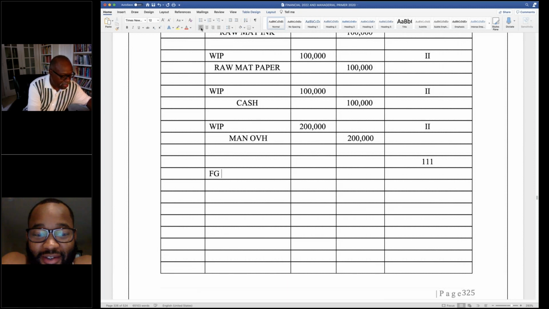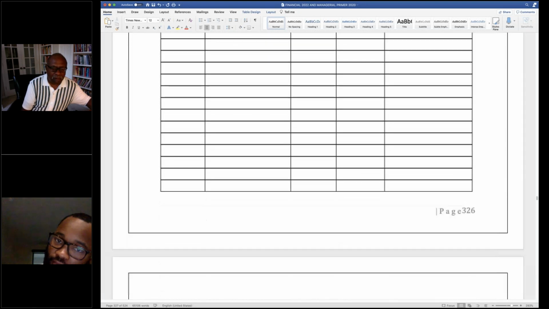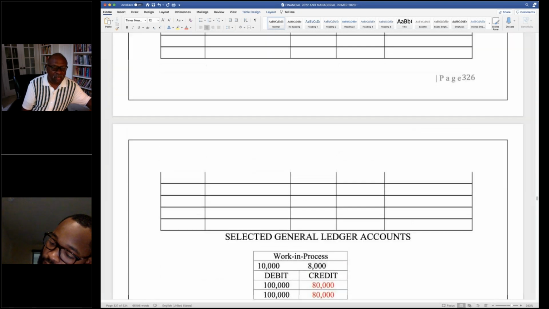We're going to debit finished goods inventory. And credit what? Work in process inventory. For the 460.